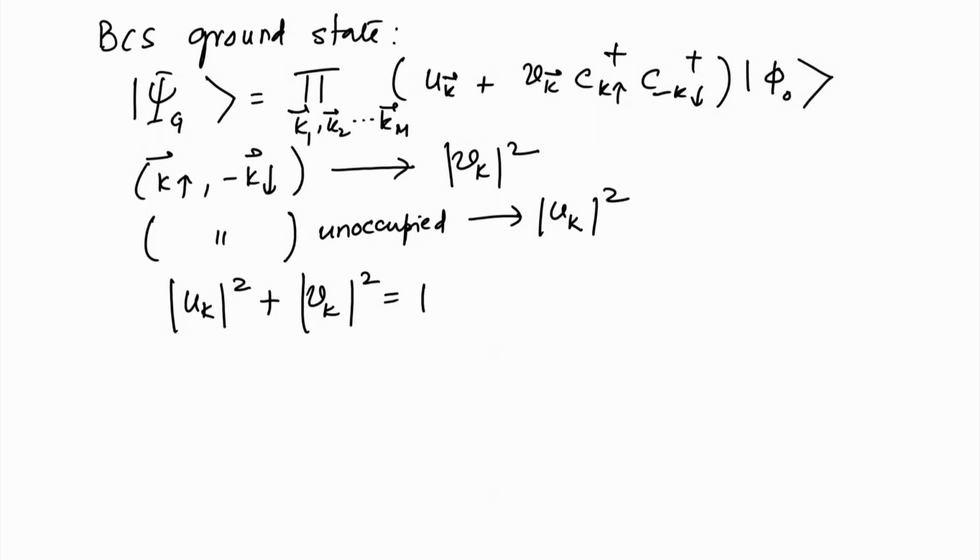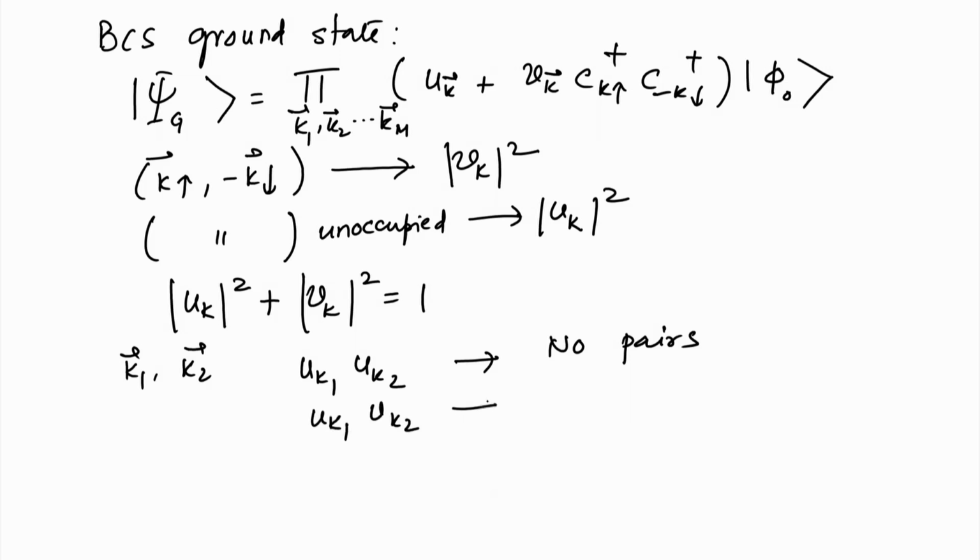Take two states k 1 and k 2. So, the amplitude u k 1 u k 2 represents no pairs in these two states. u k 1 v k 2, one pair, k 2 and minus k 2, and v k 1 v k 2.